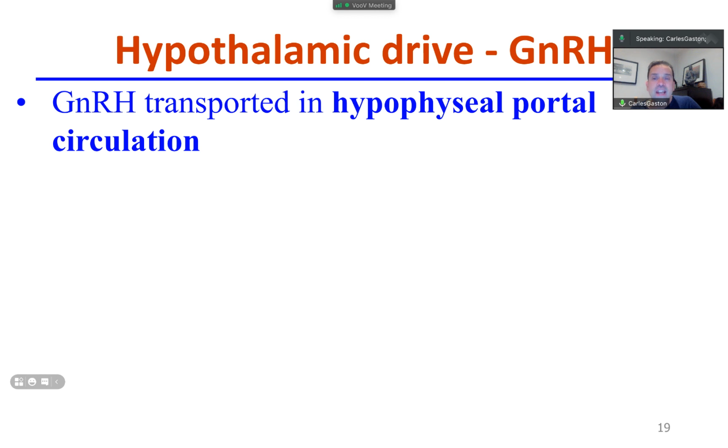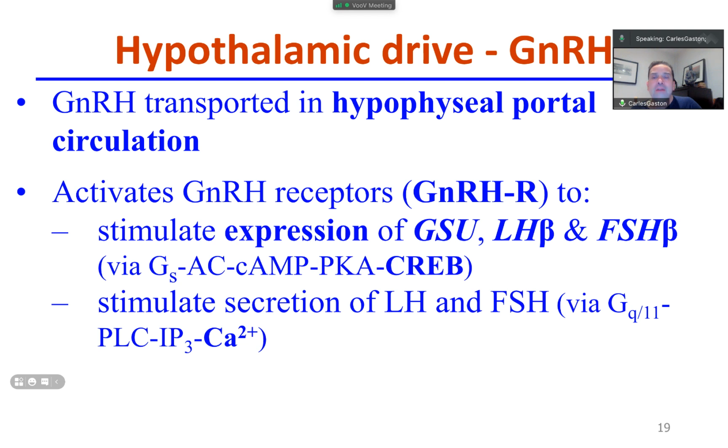So the GnRH is transported in the hypophyseal portal circulation. Remember, I think it was lecture number 5 and 6. So you can also go back to this part. And remember that basically what it does once it reaches the pituitary, it activates the GnRH receptor, and it stimulates the expression of alpha GSU and LH, luteinizing hormone, and follicle stimulating hormone.